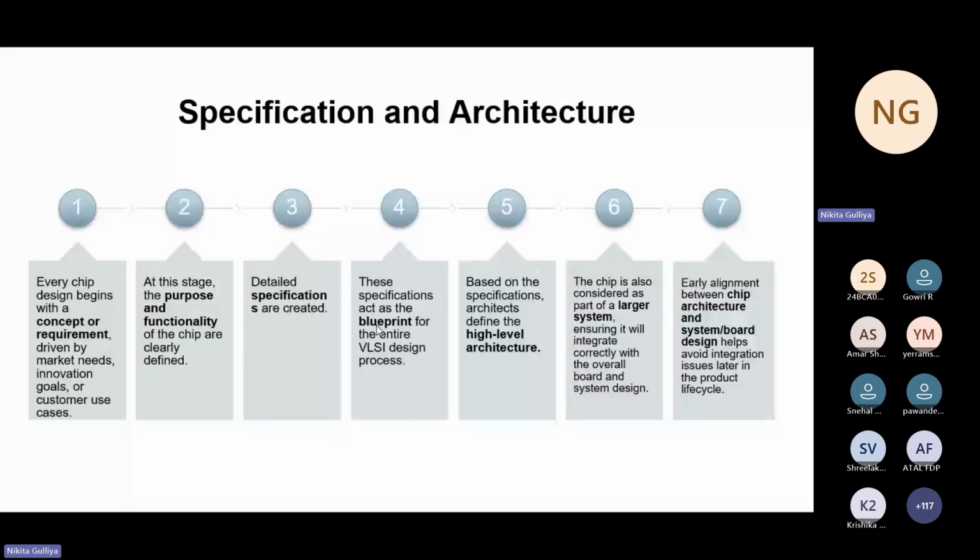Based on the specification, architects define the high-level architecture. The chip is also considered as part of a larger system, ensuring it will integrate correctly with the overall board and system design. And early board design helps avoid integration issues later in the product life cycle.